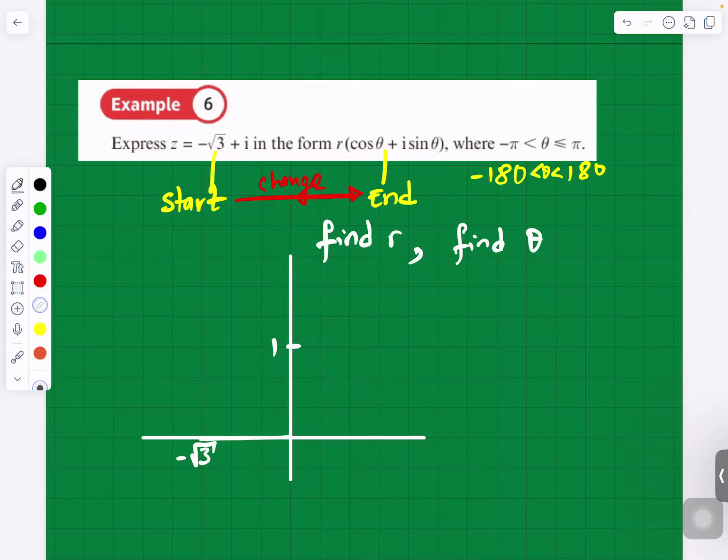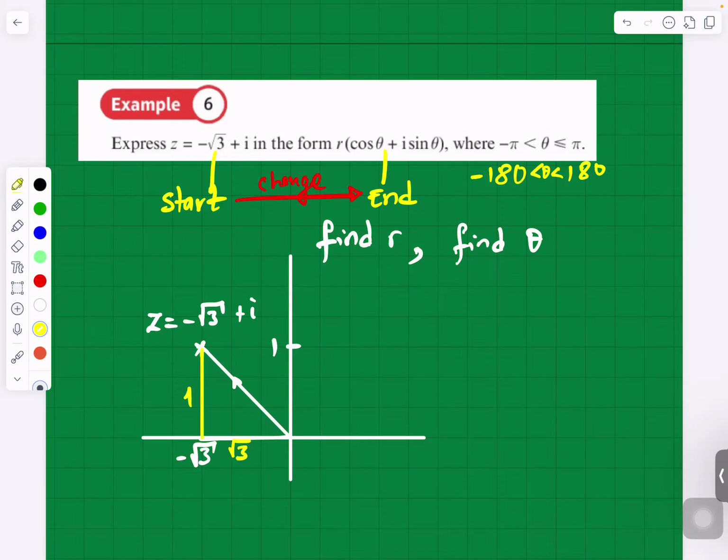So that is what z is. z is minus square root of 3 plus i. It's 1i actually, but we don't write the 1. So we know this vertical height is 1. This distance is root 3.